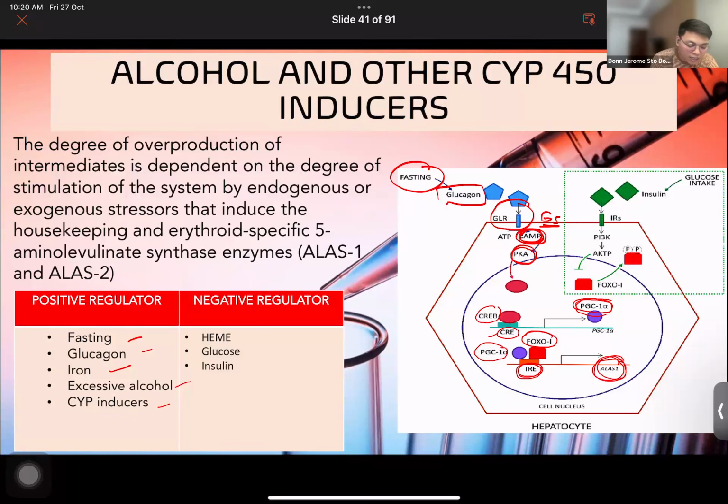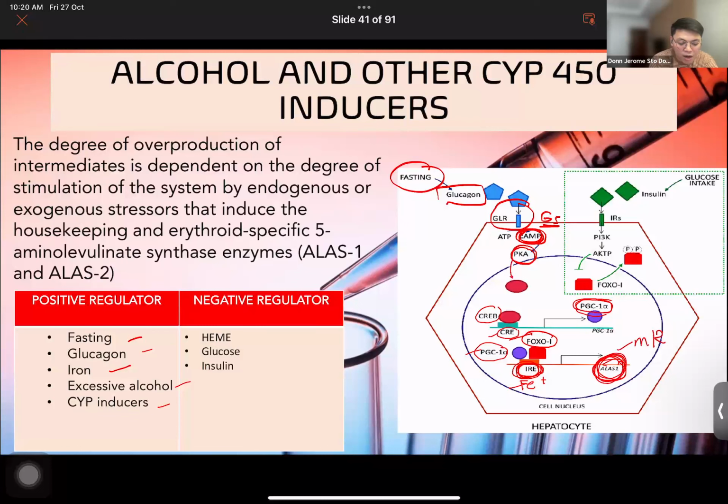Not shown here is your iron. Di ba sabi natin, iron is a positive regulator of ALAS. Kasi yung pagbabindan nila is an iron response element. So iron is a requirement there. PGC1-alpha, FOXO1, and iron, once they bind to iron response element, would stimulate transcription and translation of ALAS.